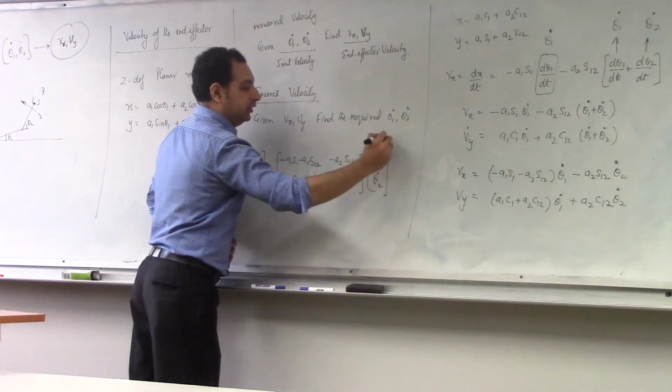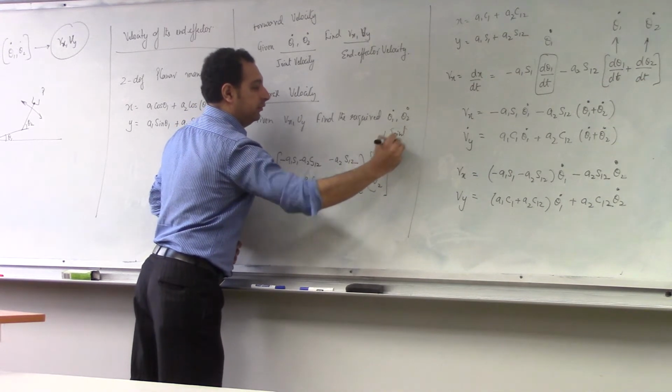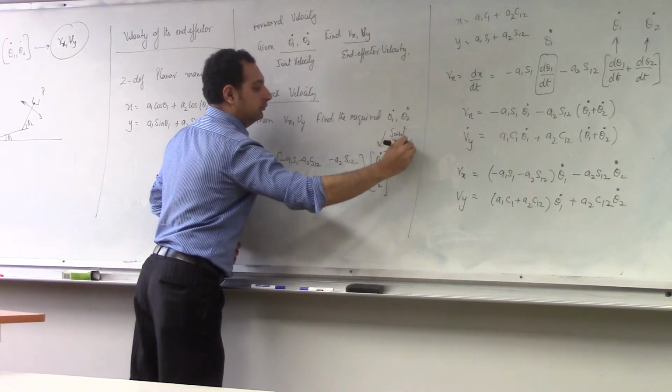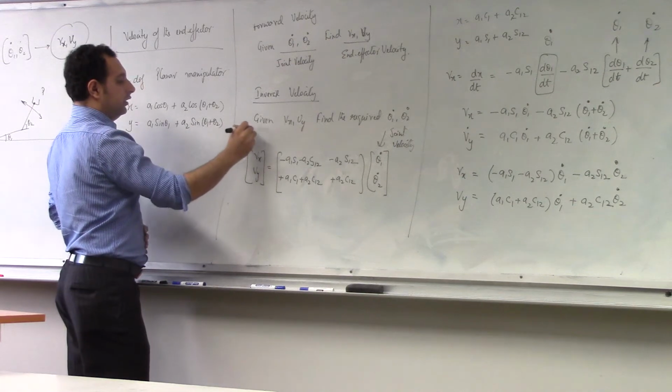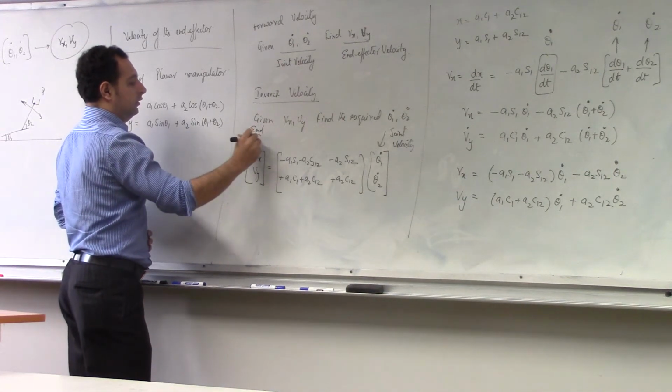This is your joint velocity, and this is your end effector velocity.